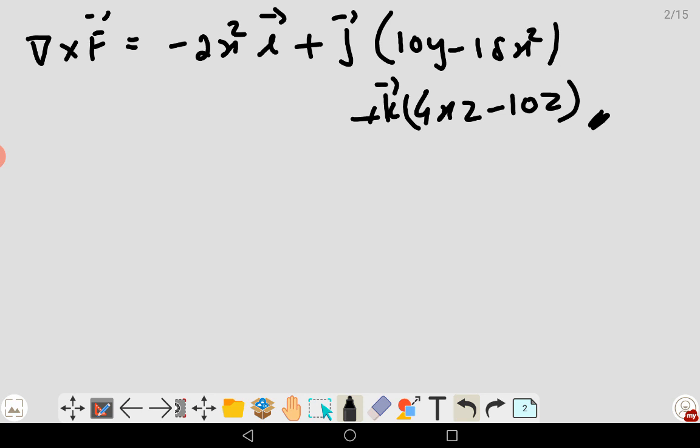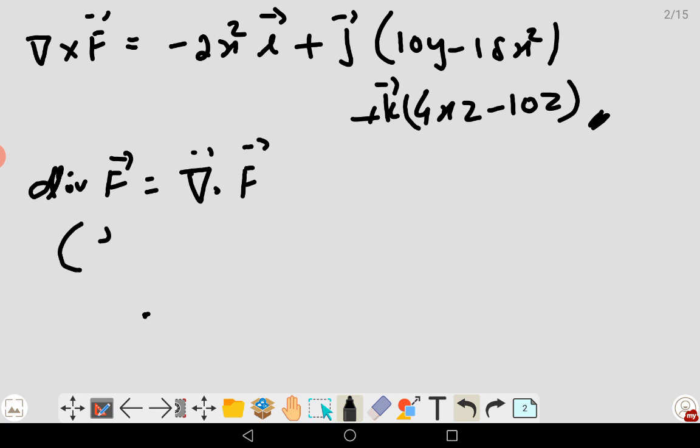Next I am going to find del dot f for this problem, the divergence. Divergence of f is del dot f. Now we will write both the vectors.